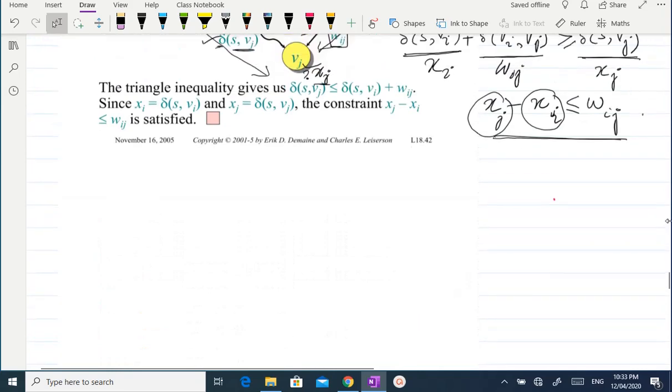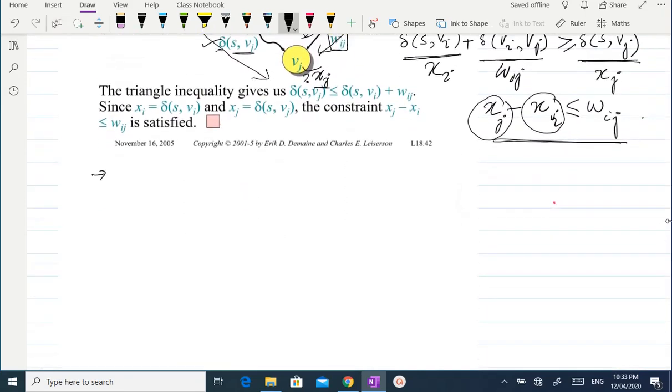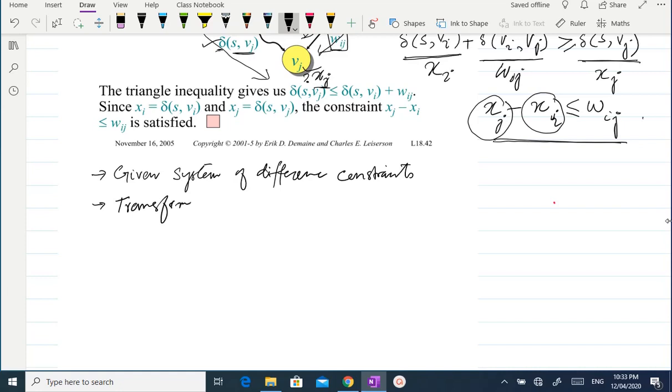I think now it is very clear what we have to do. Let me write it for you. Given a system of difference constraints, transform them into a constraint graph using the same way.